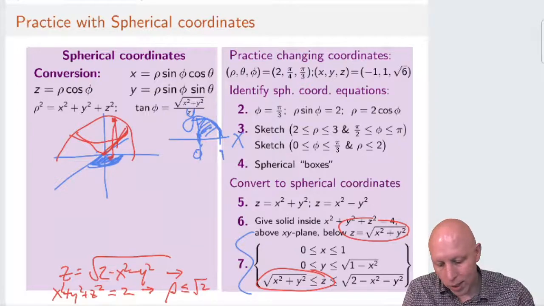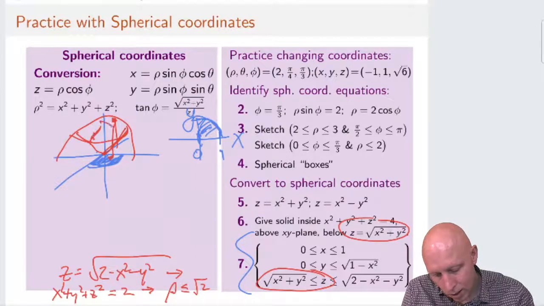And so if we want to write this down in spherical coordinates, rho goes from 0 to root 2.